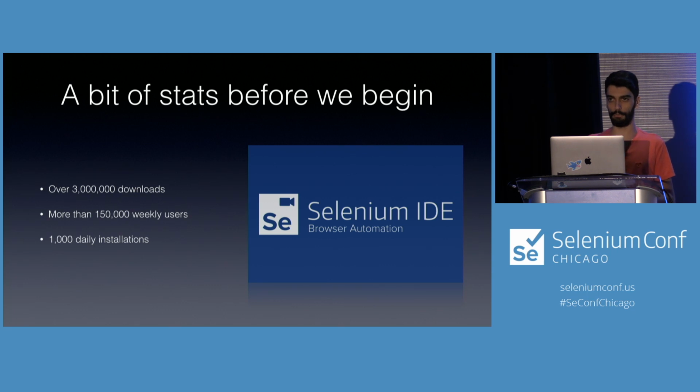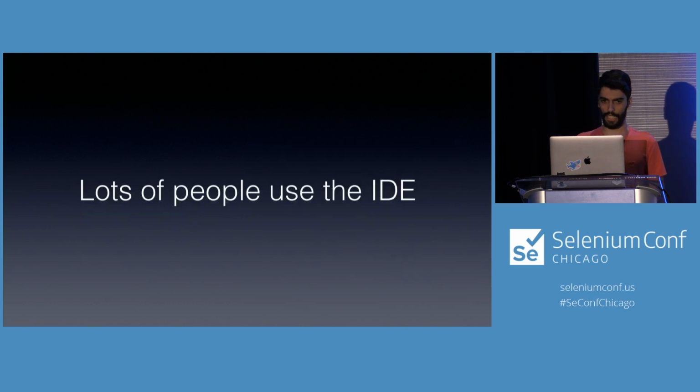And we expect that the better the new IDE gets, the lower that number is going to become. So regardless of what idea you have of the IDE now or before, still lots of people use it, and it's our job to make sure that IDE is the best that it can be.